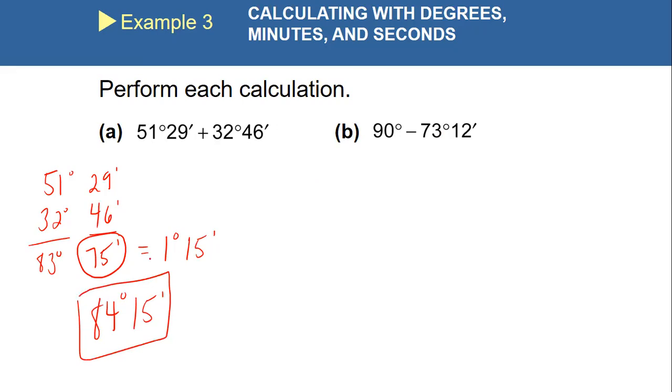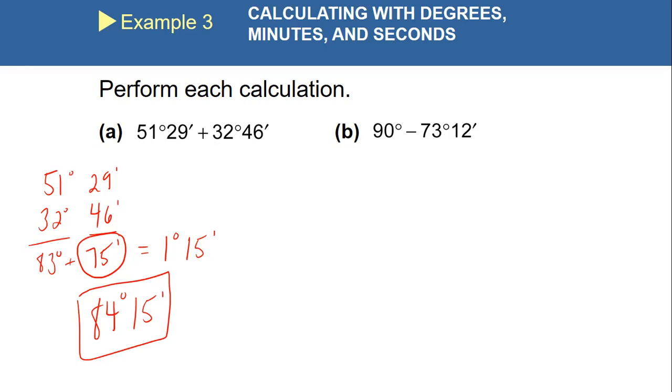I can regroup 75 because every 60 minutes equals 1 degree. So 75 divided by 60 is 1 with the remainder of 15. Now I'm adding 83 plus that 1, because it's a degree.